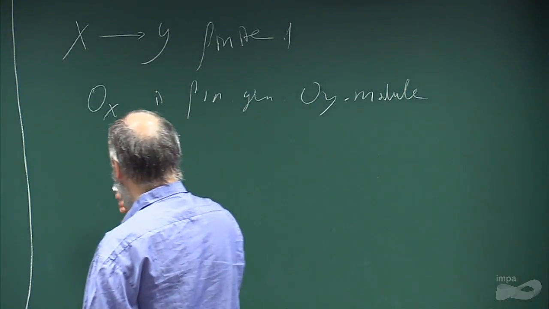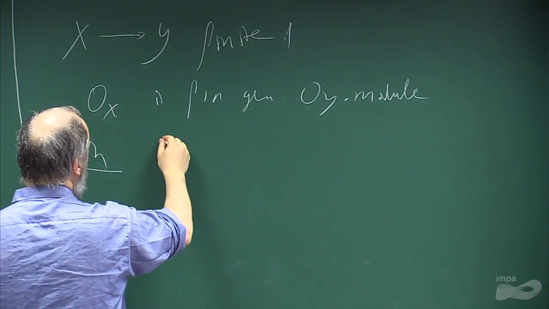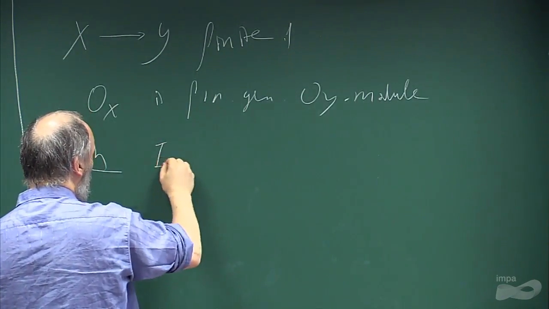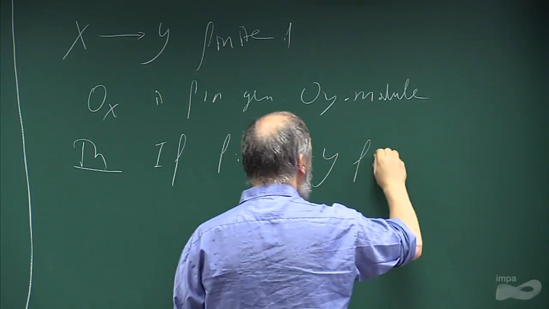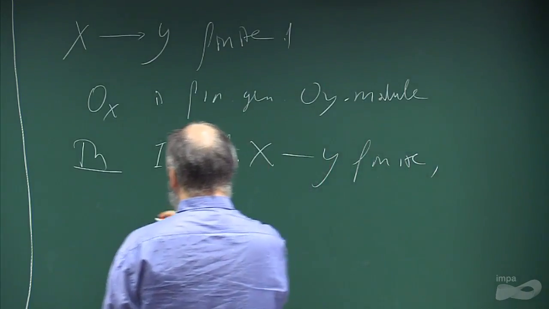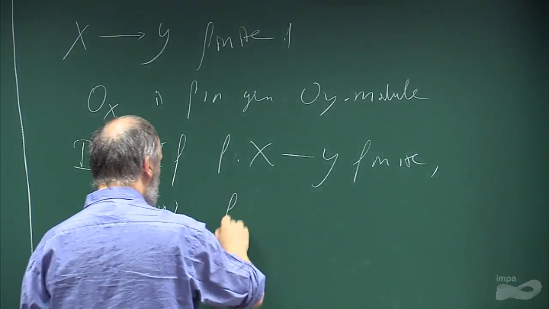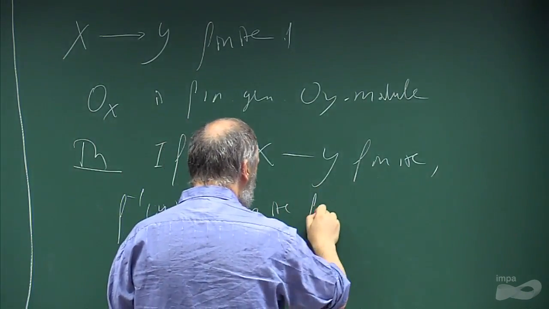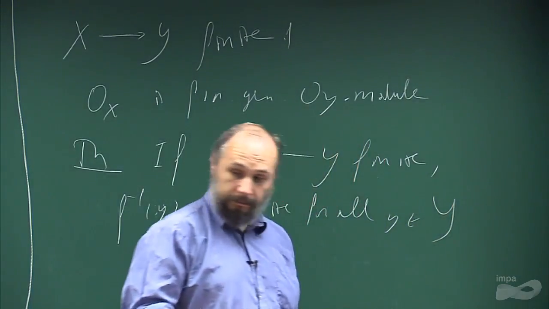And you have two nice theorems. If f from x to y is finite, then the pre-image of y is finite for all y in the big Y.